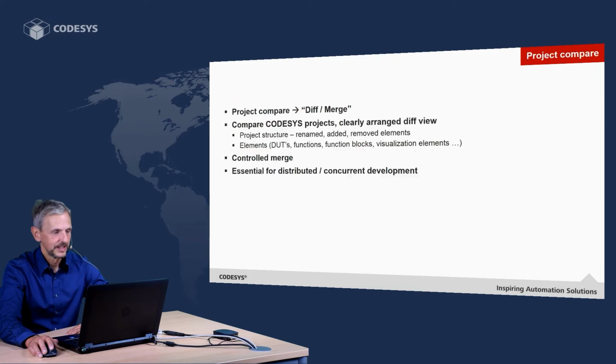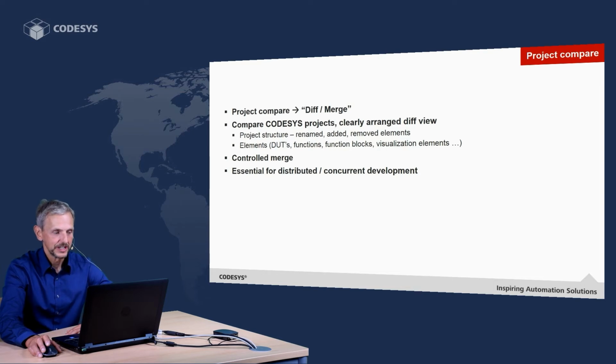Project Compare. CODESYS comes with an integrated Project Compare, which is known as a diff merge in software development. CODESYS allows to compare two CODESYS projects or CODESYS project history in revision control.